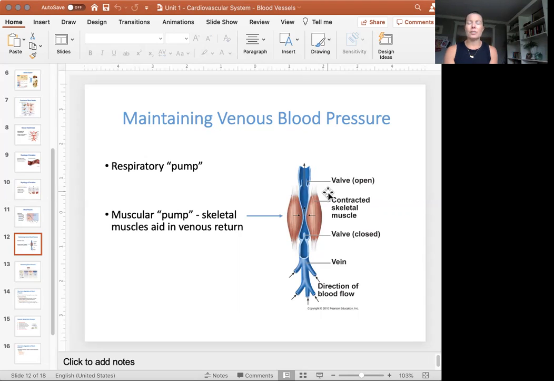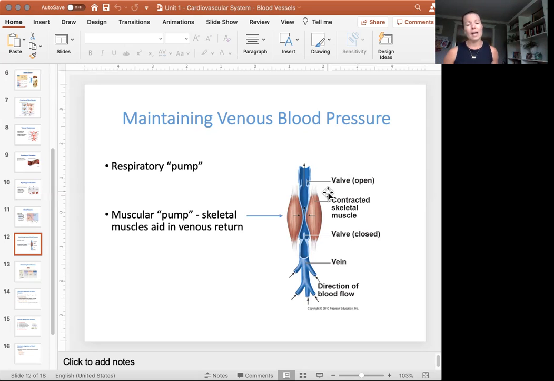A lot of veins are carrying blood up the body, so blood is moving against gravity. So gravity would have a tendency to pull blood back down. And these valves, if blood starts to flow back down, these valves are going to close and prevent blood from continuing to move all the way back down the body.